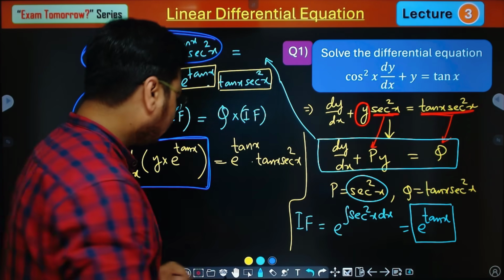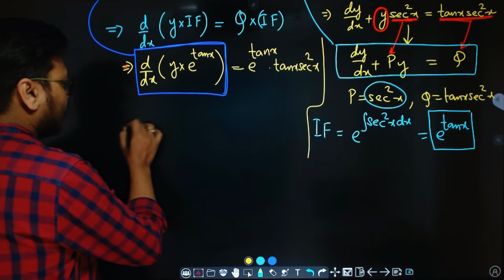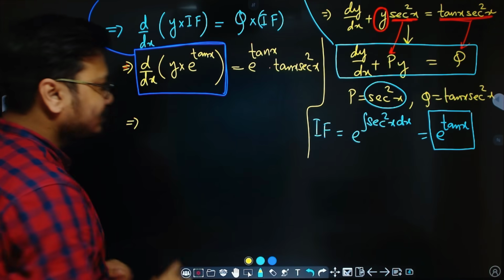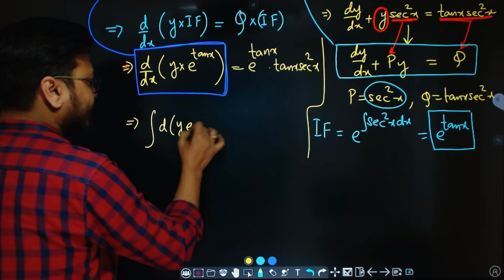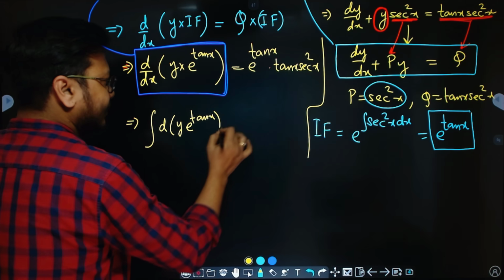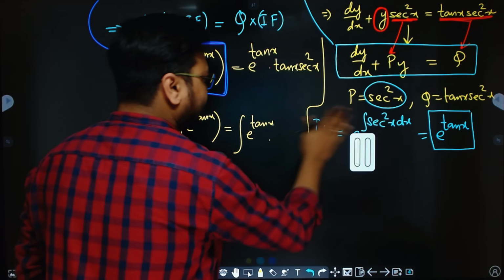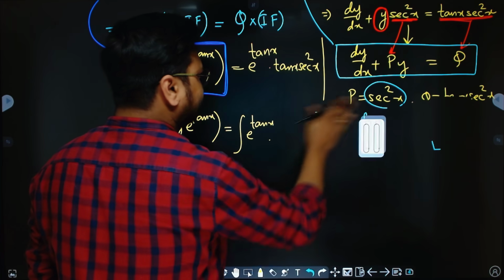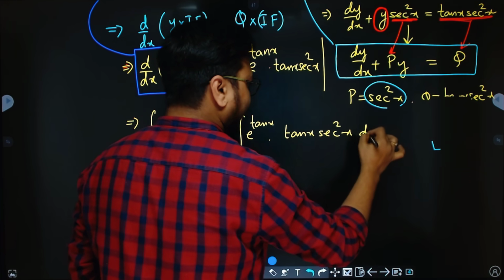If I continue with this, I can integrate both sides. It would become integration d of y e to the power tan x equals integration e to the power tan x into tan x sec square x dx.